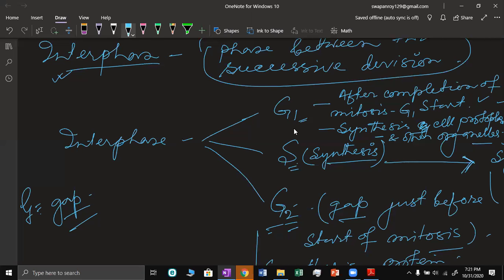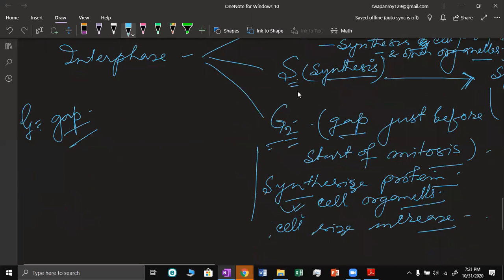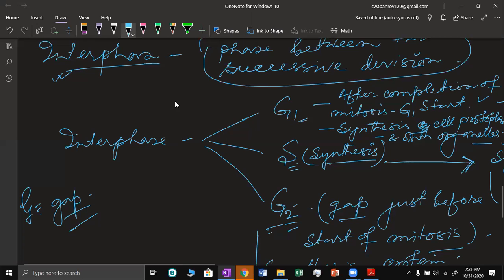Okay, so after the division from the G1 phase, the cell may not go to the S phase, because if the cell will not divide, it will not go to S phase.